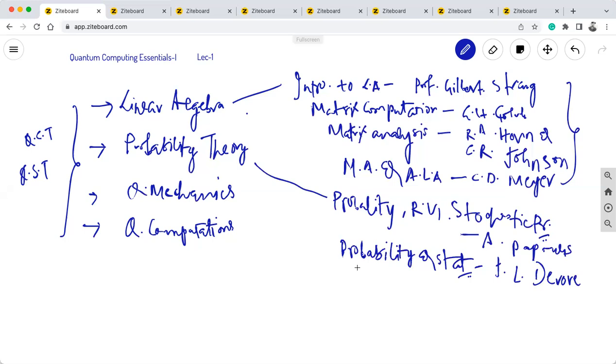Then Introduction to Probability and Statistics for Engineers and Scientists by S. Ross.